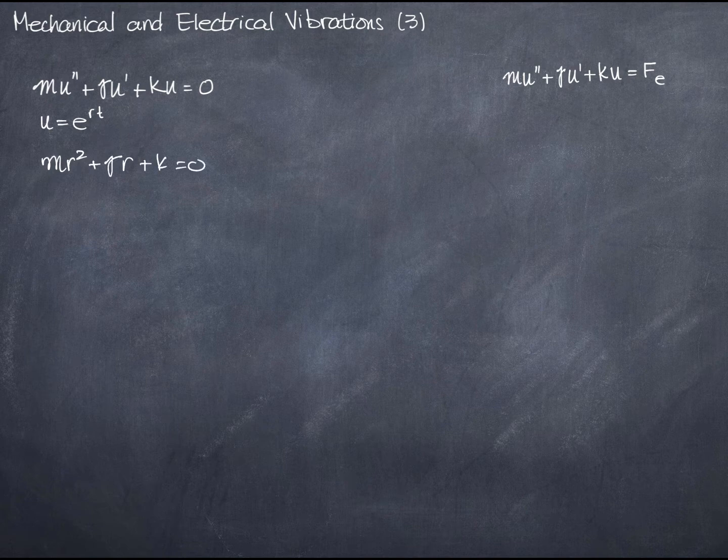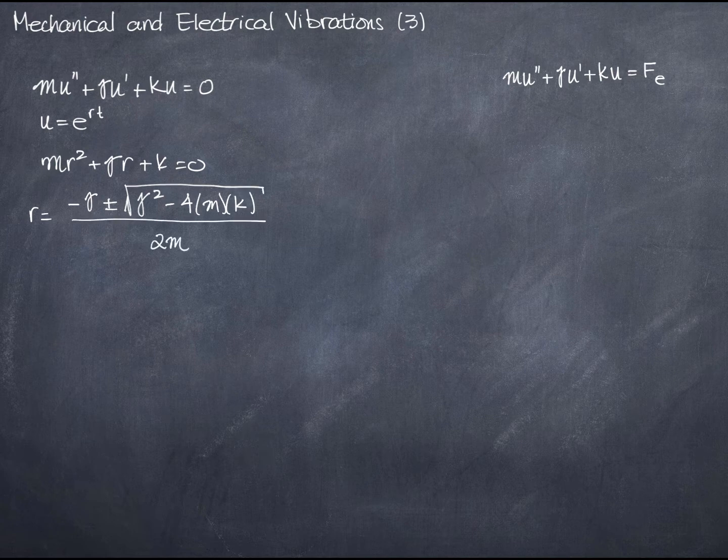We're going to solve that equation to tell us what the r values are, no pun intended. So let's do that using the quadratic formula. We end up with r is equal to negative b, which is gamma, plus or minus the square root of b squared minus 4 times a times c, all over 2 times a.